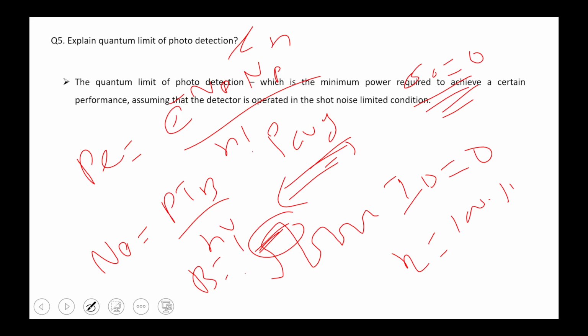So B equals 1 upon TB. TB is the symbol duration, meaning the duration of one symbol is explained by TB.